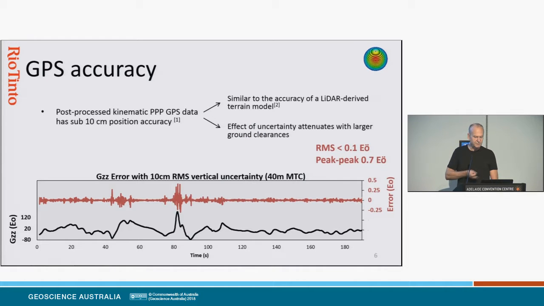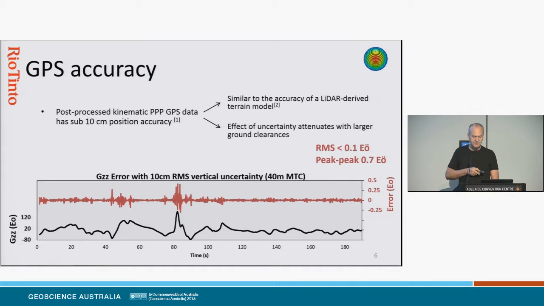But one interesting aspect in terms of knowing the flight path itself is, how accurate is the GPS measurement along the flight path? You can see here a study that Mark was involved with. The post-processing of the GPS data shows that you've got sub 10 centimetre positional accuracy.